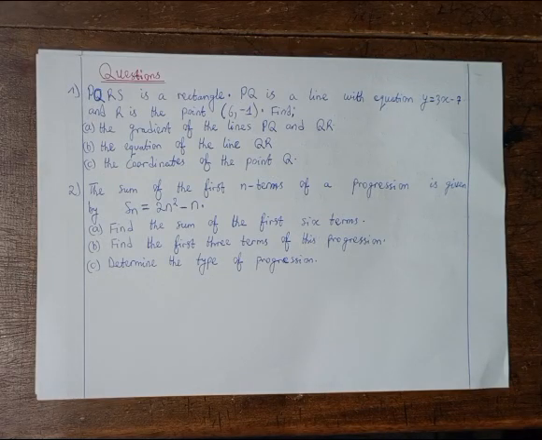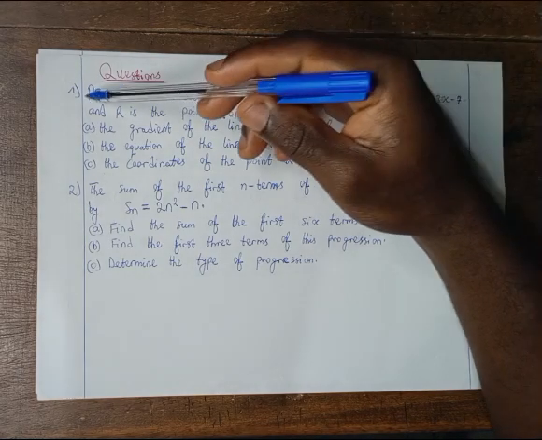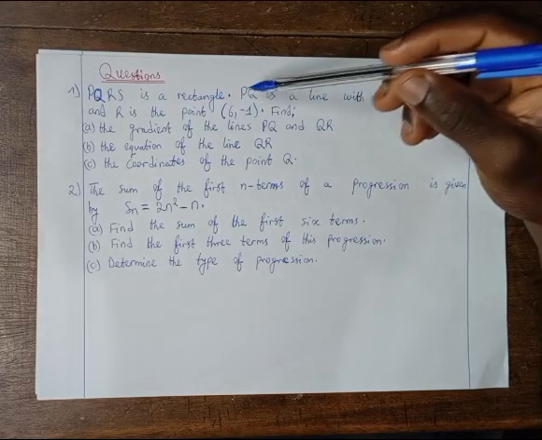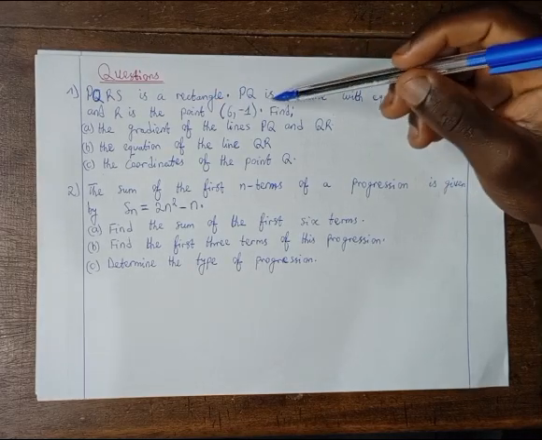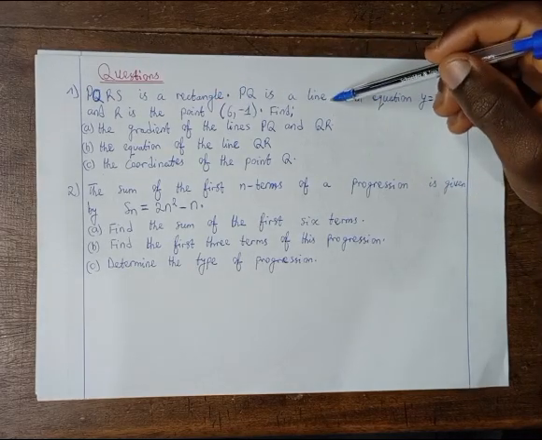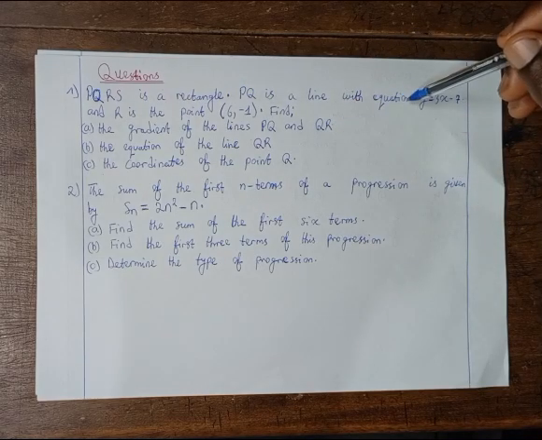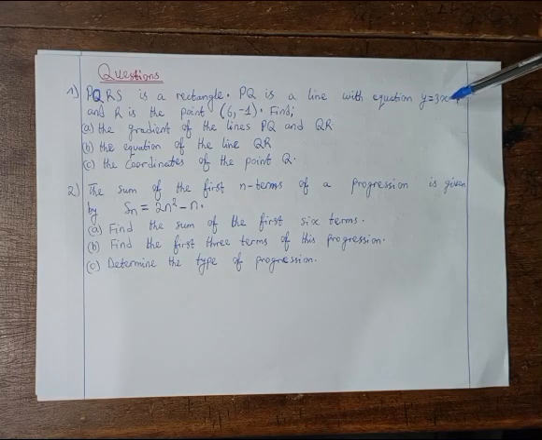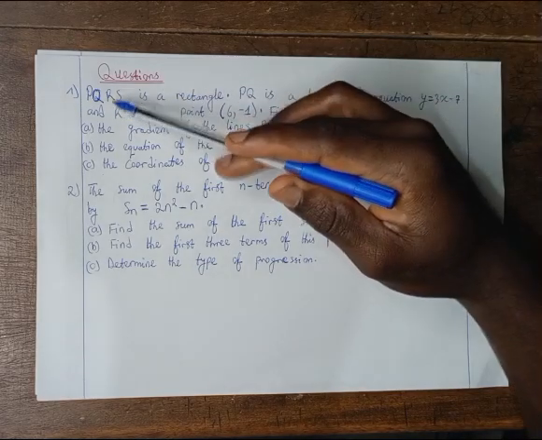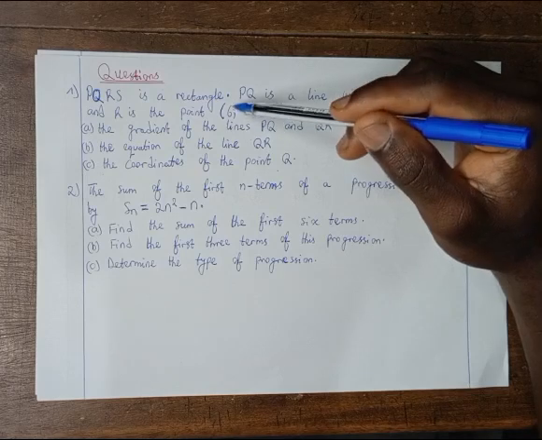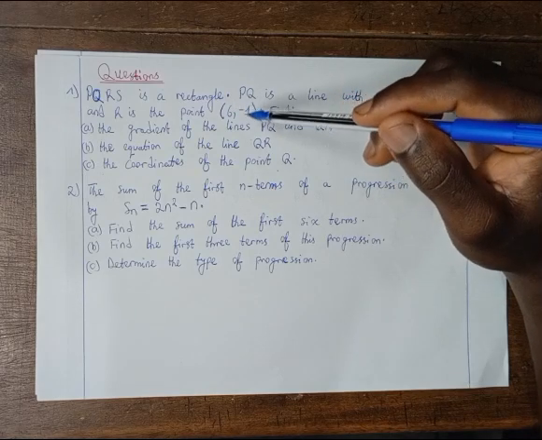We have the following questions to answer. Question 1 says PQRS is a rectangle. PQ is a line segment with equation y equal to 3x minus 7 and R is the point 6, negative 1.